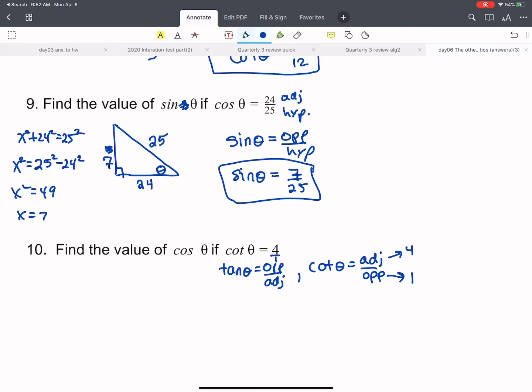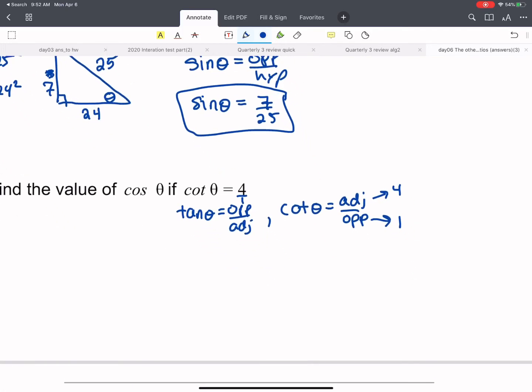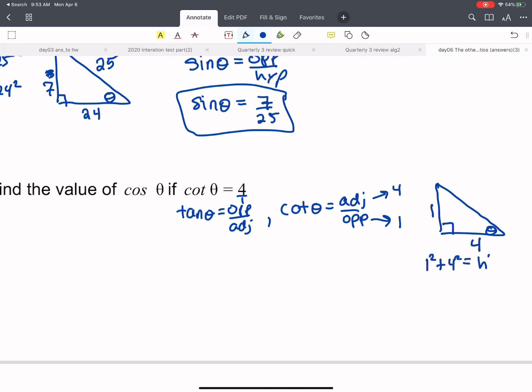So when you draw your triangle, here's theta, the adjacent is 4, the opposite is 1. And since I need cosine, and cosine requires the hypotenuse, I'm going to need to figure out the hypotenuse. So that's 17 is h squared, so h is square root 17.